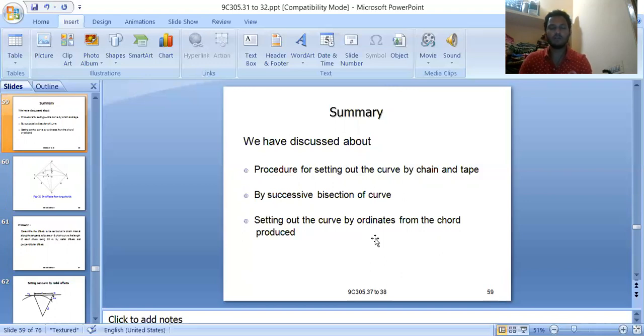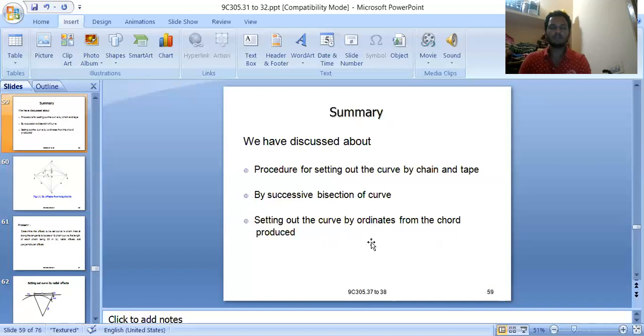And one more thing we have derived is the relation between radius of the curve and degree of the curve. So the relation is R is equal to 1718.9 by D. It is very important because it is useful in the upcoming methods like Rankine's deflection angle method, where we will use this formula.